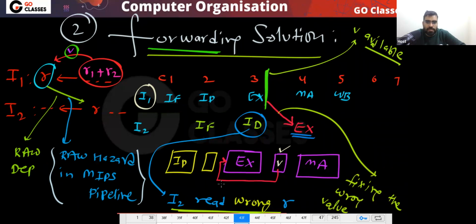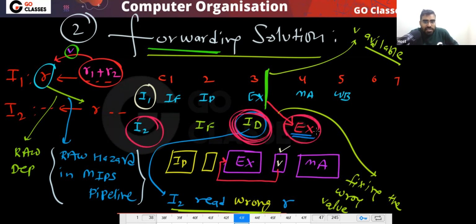Did you understand this data path? Very interesting solution, right? We will send this value to the execution phase. Now there is no problem. Even though I2 is reading the wrong value here, the calculation is happening on the correct value.